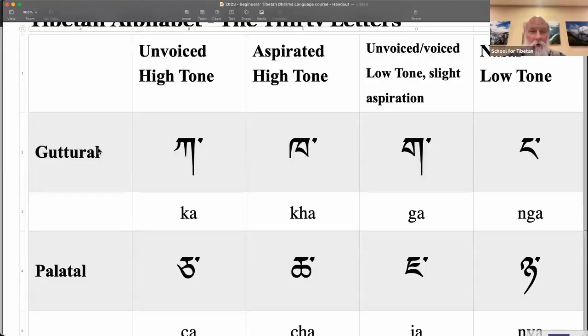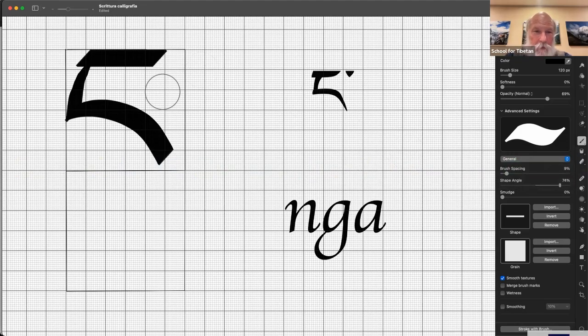You remember here and here is similar stroke, similar direction, but a little bit larger. Okay? Nga. This is the one that means I. And again, it becomes a word only if you put a dot. So we can go to the next line.